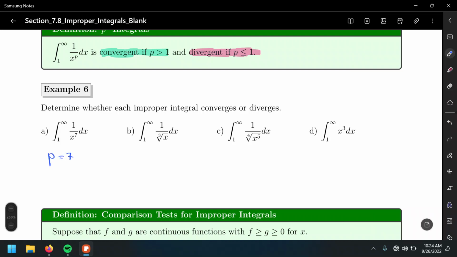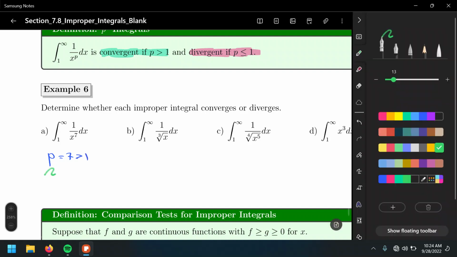Now the question is, is 7 greater than 1 or less than or equal to 1? It's greater than 1. What does that mean then? The integral converges. All right, just like that.